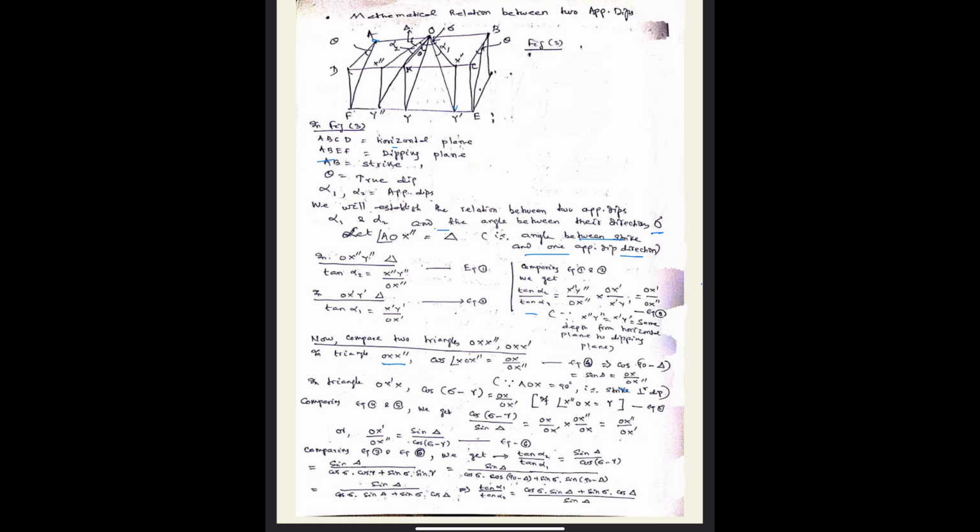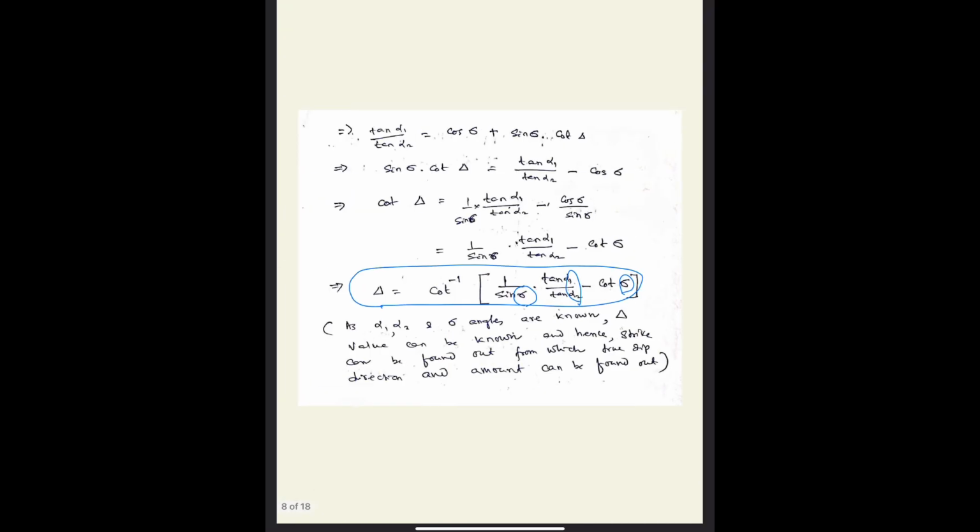We find out the angle delta as cot inverse of this one. This is the angle between the two apparent dip directions. This is apparent dip, this is apparent dip. So all values are known. Then by using this, we will get the strike.